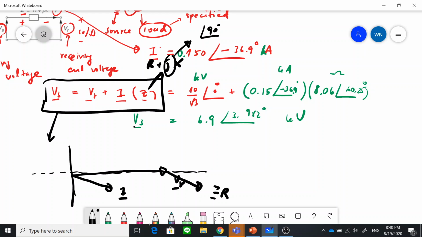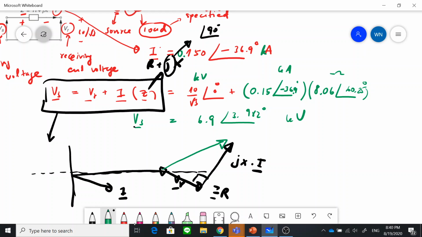This is JX times I, because the J creates the 90 degree difference. And this is I times R plus JX times I.